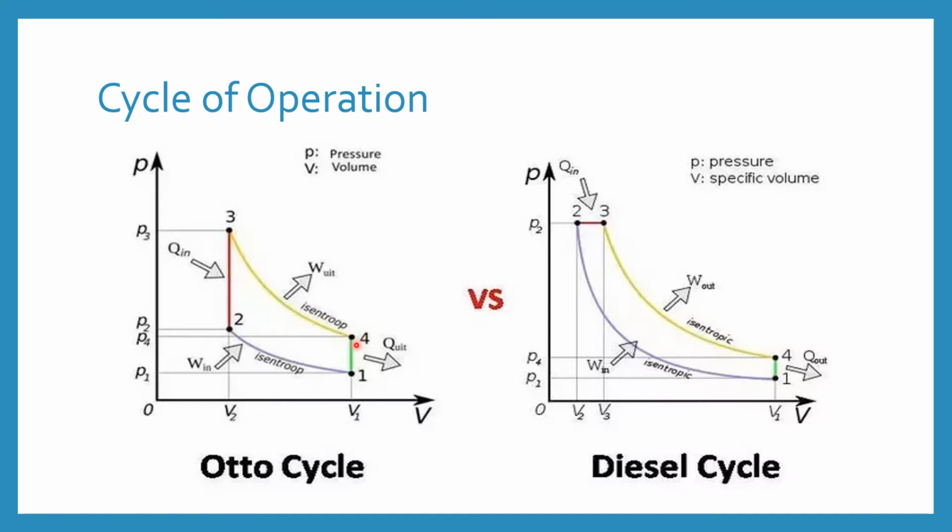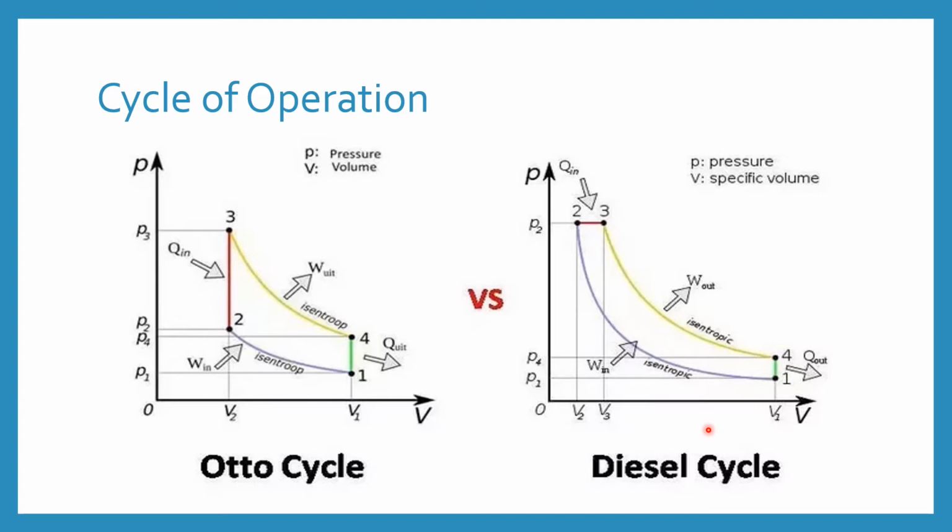After getting P4, 4 to 1 again decreases the pressure at a constant volume. So basically in this way the cycle is known as the Otto cycle. Basically this is used in a petrol engine.